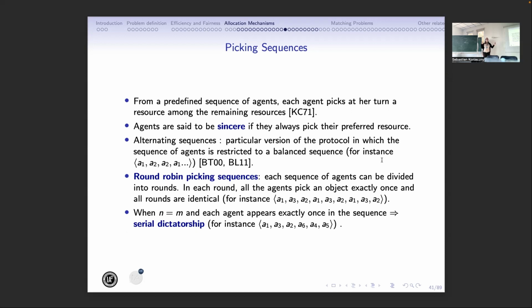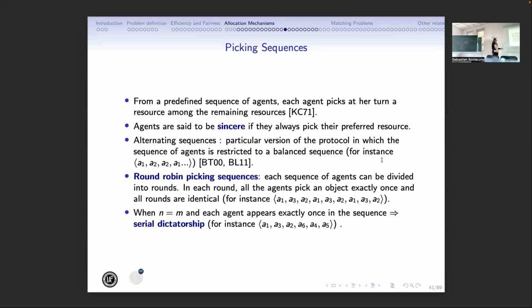You have two persons, and at her turn, the person chooses one of the members of a team. When the agents choose their preferred resources, the agents are said to be sincere. So in this case, we have sincere picking sequences.